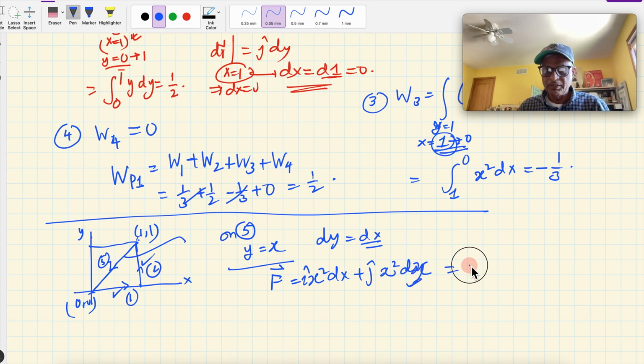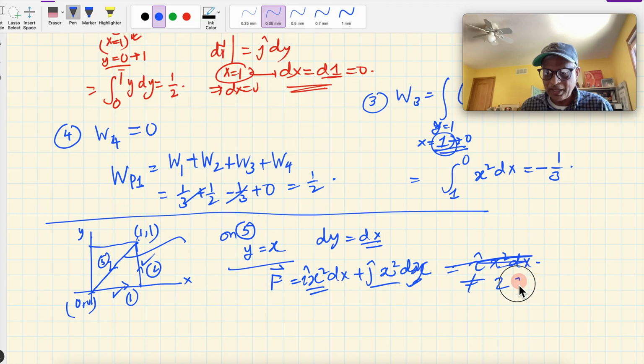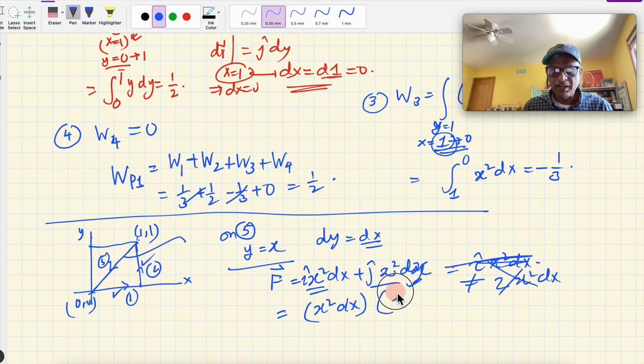I had x squared dx. Well, don't need to do more than that. You can't add these guys. This is not equal to 2x squared dx, something like that. If you want to get x squared common, you'll get i hat plus j hat.